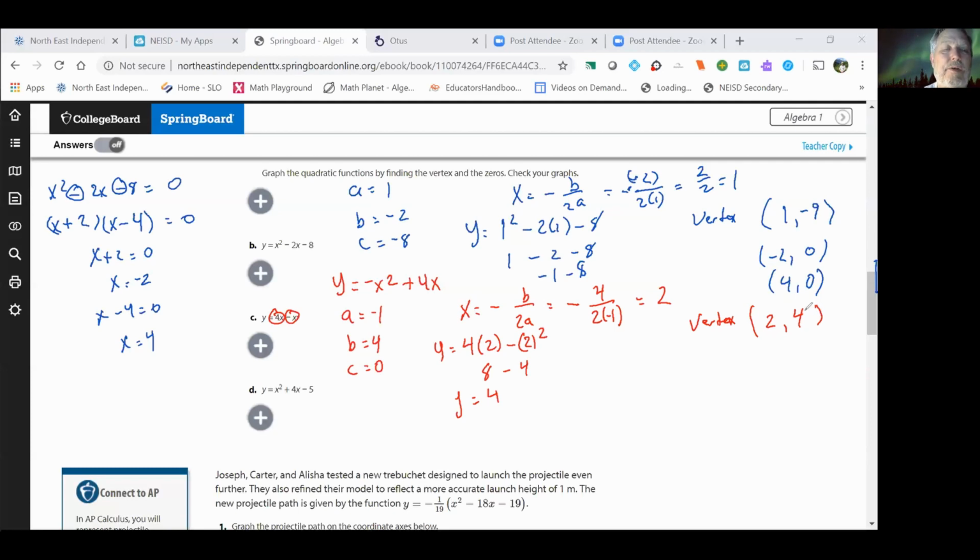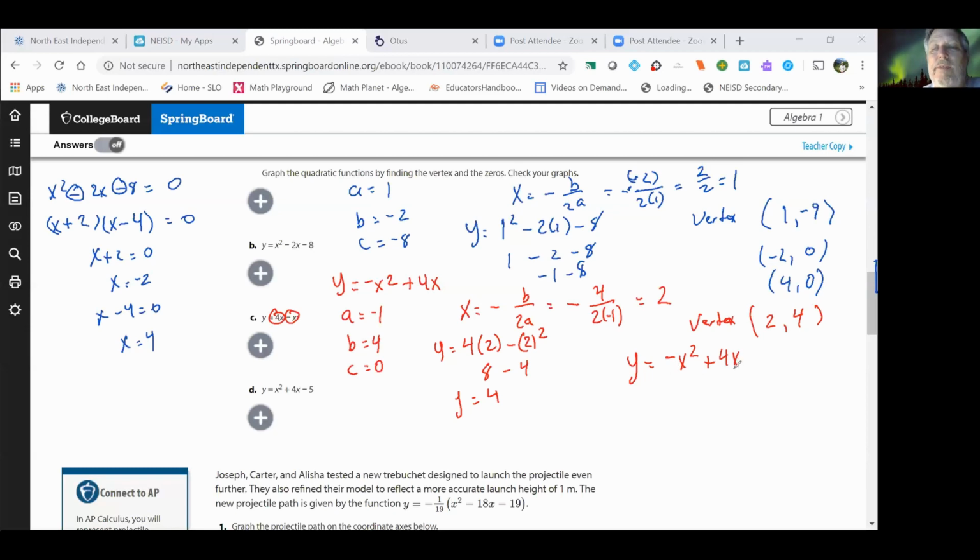So now the next thing I want to do is go ahead and factor this. So let's take a look. We're setting y equal to 0, and y is equal to, I'm going to write it in standard form, -x squared plus 4x. And what I'm going to do, because of this negative here, is factor out a negative of whatever my greatest common factor is.